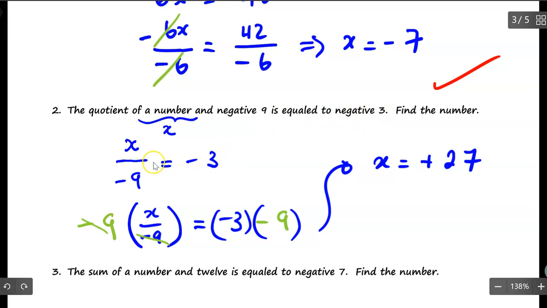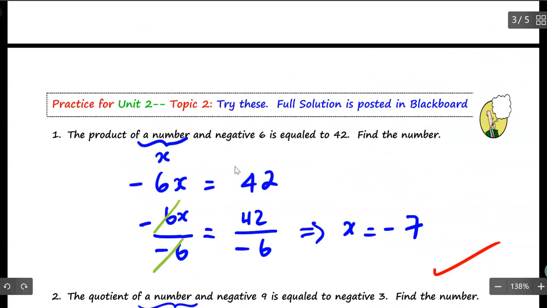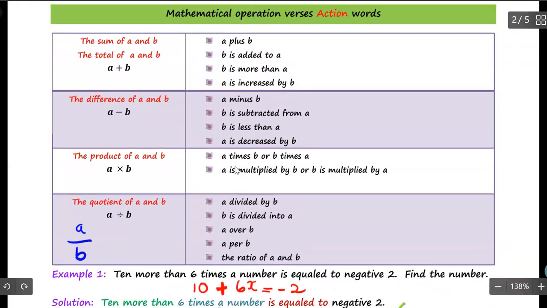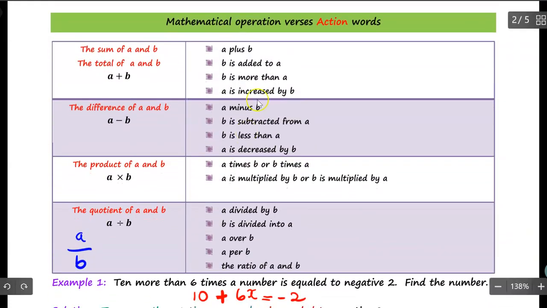You take negative 9 divided into positive 27 is equal to negative 3. Okay, so I want everyone to review the action words here and how we can translate them into the mathematical operations.